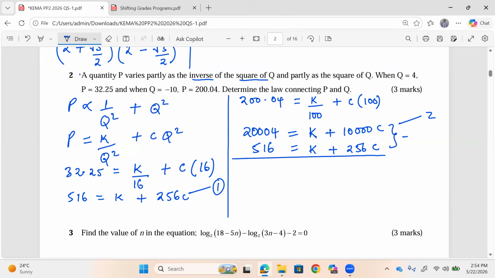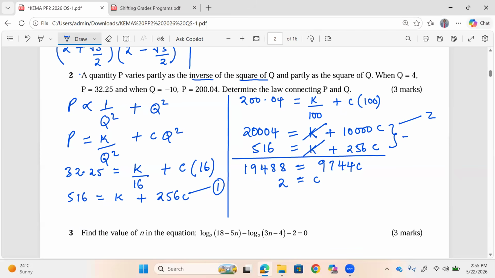Therefore, K gets eliminated, K minus K. Then now we can talk of 10,000 minus 256, giving us 9744 C. This is equal to 20,004 minus 516. So I'm getting 19,488. To remain with C, I can divide both sides by 9744. And this gives me exactly 2.